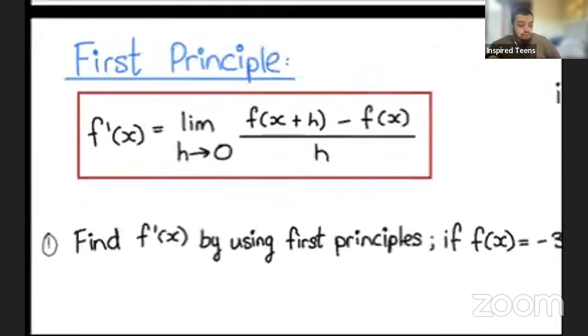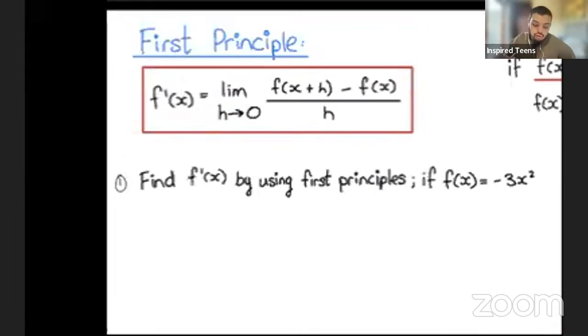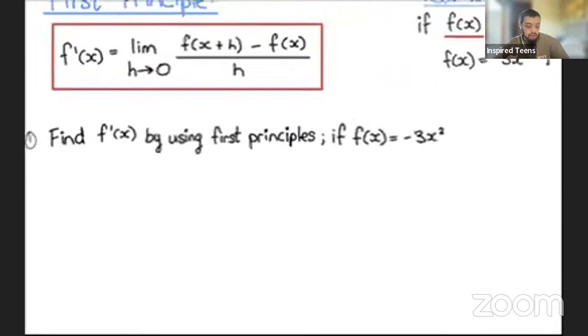In order to solve for the first derivative with respect to first principles, we have to follow this formula. The formula is as follows: f prime x is equal to the limit as h approaches 0 of f of x plus h minus f of x, divided by h. I'm going to do one question with you guys to show you how we follow this approach.